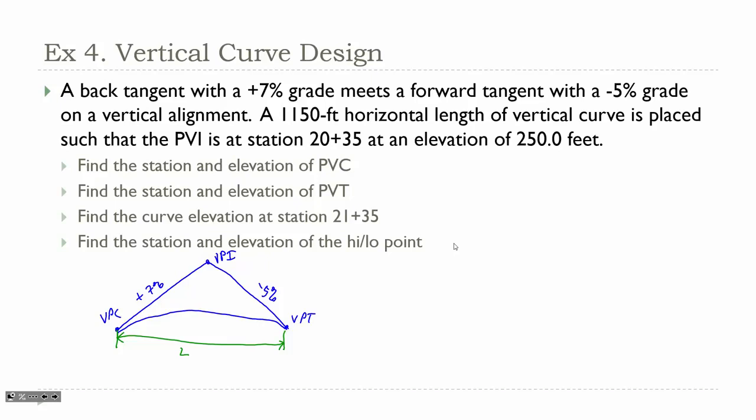We have a 1,150 foot horizontal length of curve, so we know that L is equal to 1,150. We're given the station and the elevation of the VPI, or PVI. First we want to find the station and elevation of the PVC.